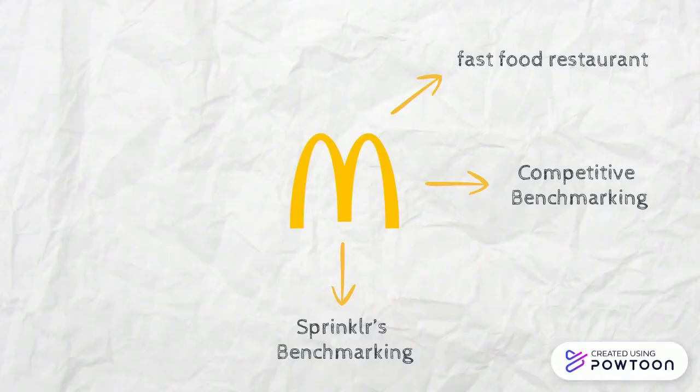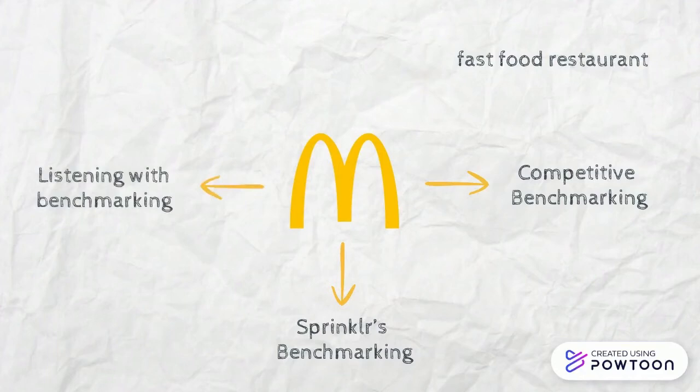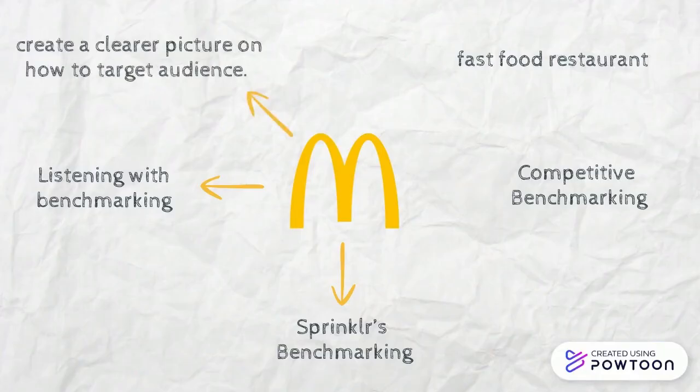They wanted more detailed data from the customers. That's the reason social listening with benchmarking was implemented. This strategy is not only tracking the social actions, it also helps to analyze the voice of the customers. It provides an advantage for McDonald's, which is to create a clearer picture of how to target their audience.